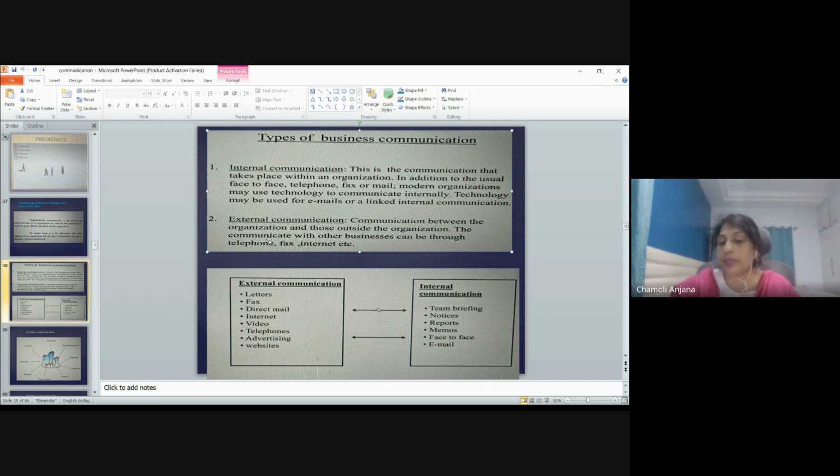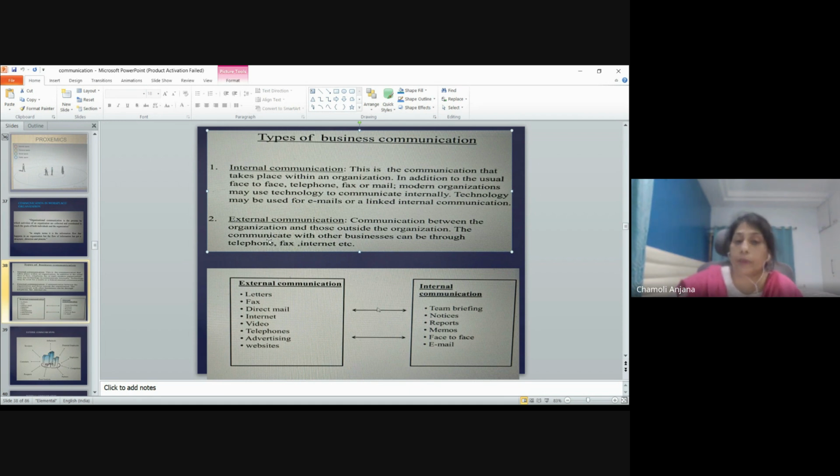For example, EVs are the best examples, where people are shifting from petrol or diesel based automobiles to electric vehicles. So the organization also needs to communicate to society, and society again gives back to the organization.